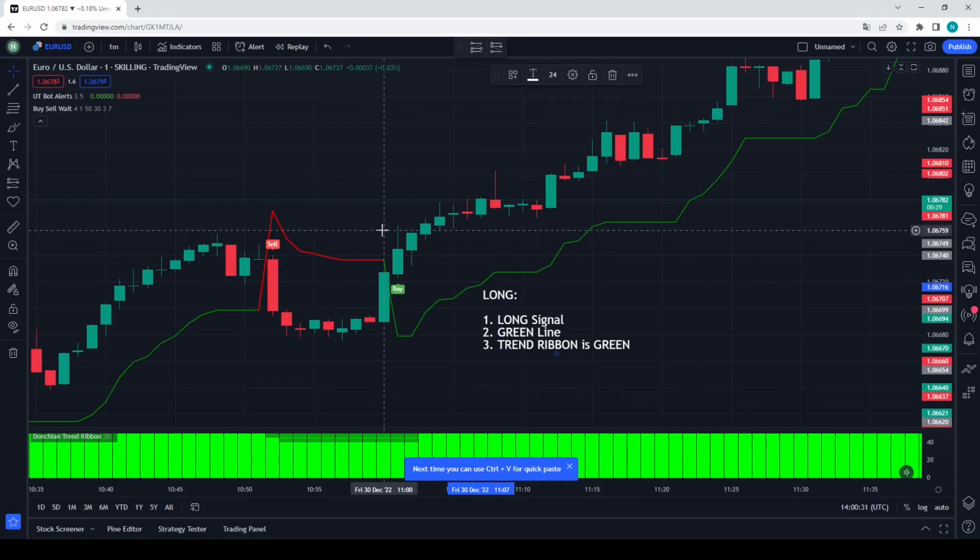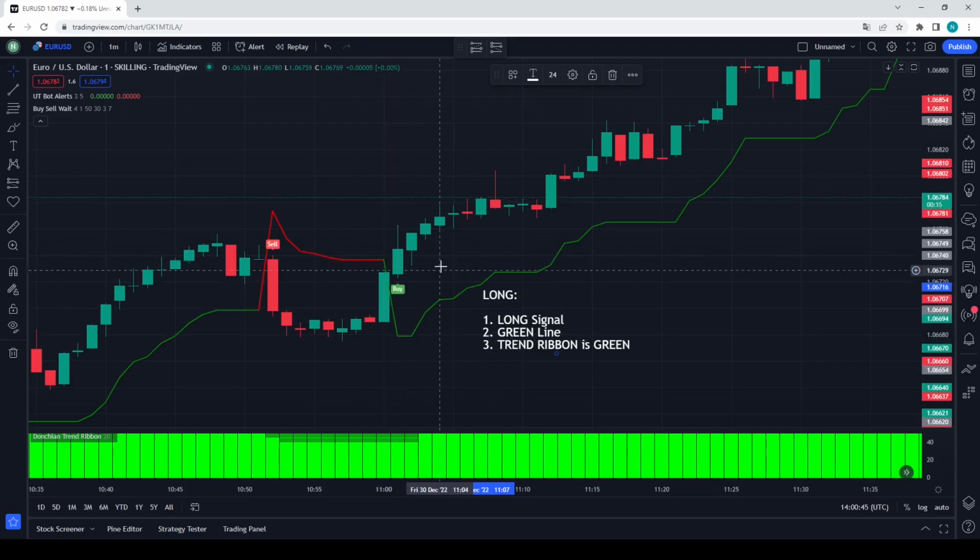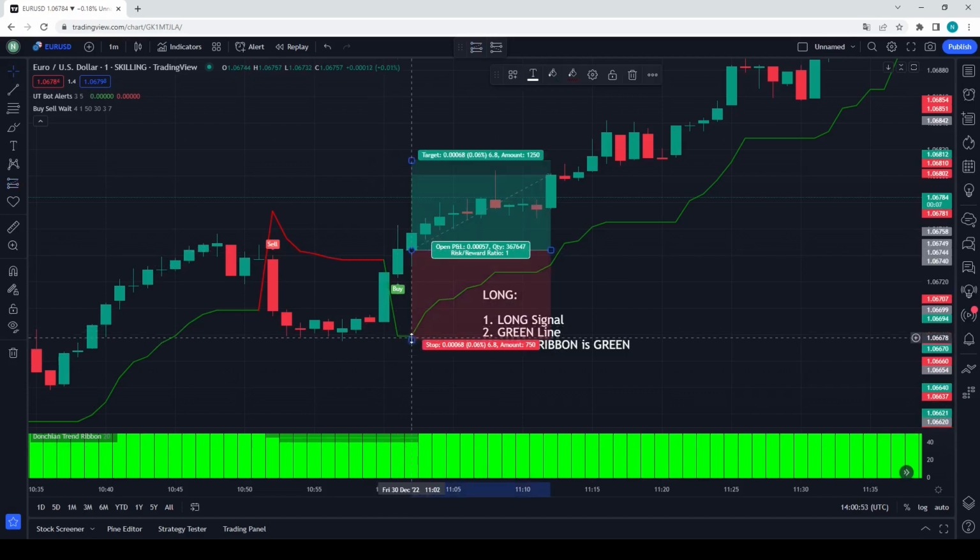When we take a look over here, we can see the line changes its color from red to green. So this is the first condition. We get a long signal, and at the long signal we are green in the line, and the trend ribbon is green as well. So this is now our long signal.